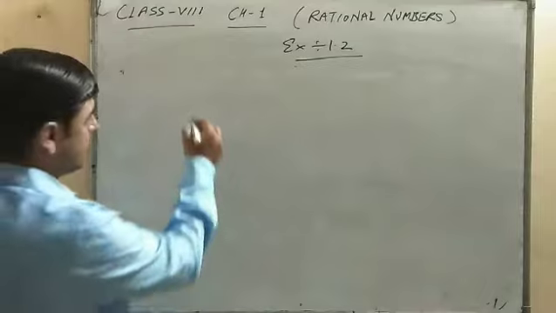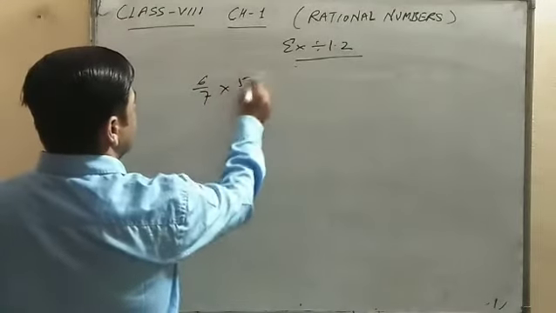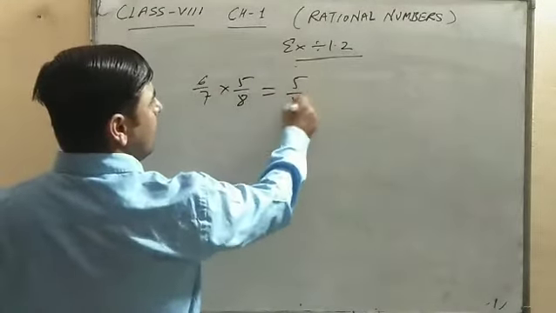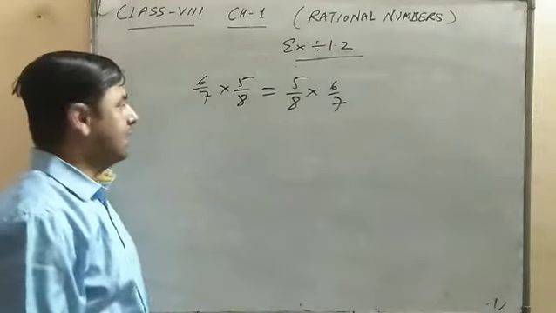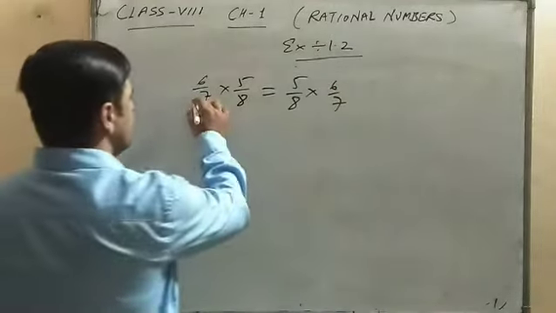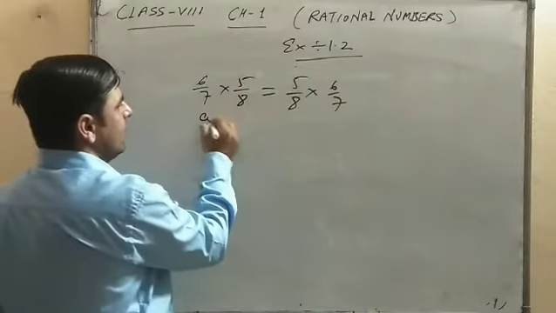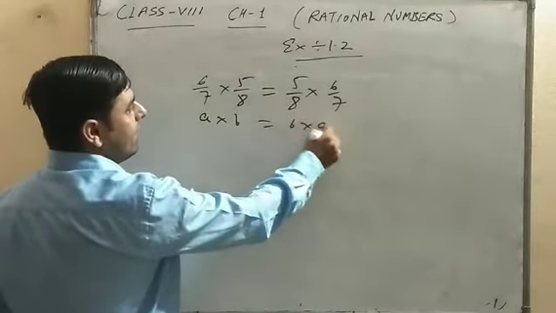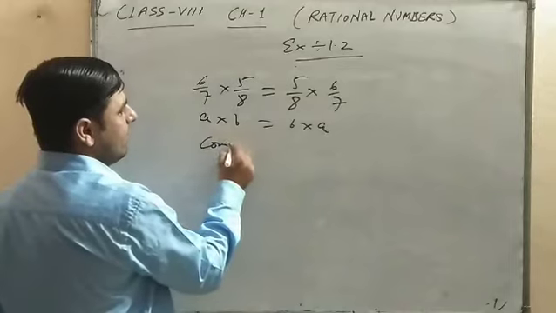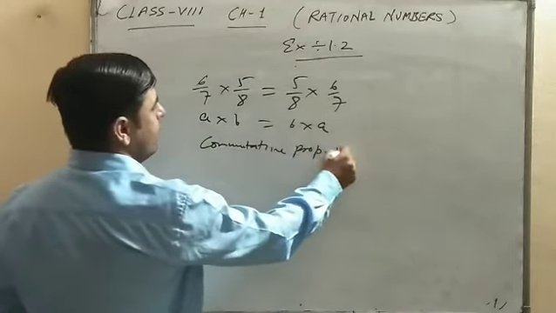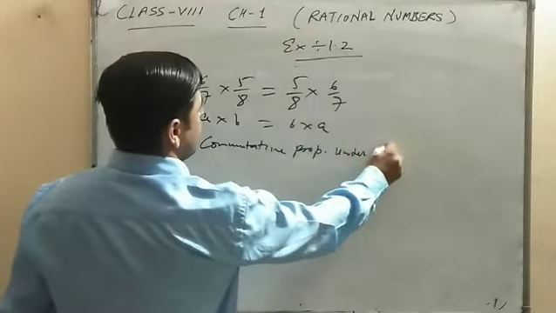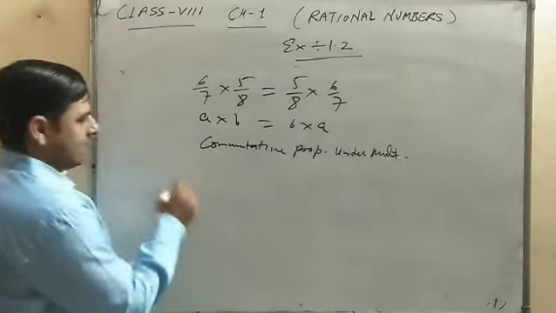First one is 6 upon 7 into 5 upon 8, 5 upon 8 into 6 upon 7. Its meaning is A into B, B into A. That means it is the commutative property under multiplication.